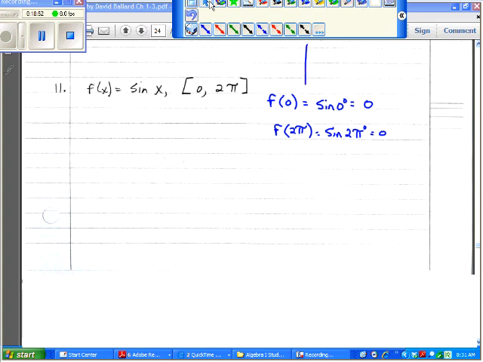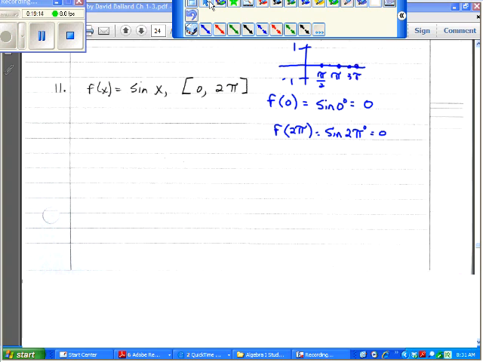We could graphically think about this, right? This is a sine wave. It's going +1 and -1. It's going to get halfway through its period in pi.